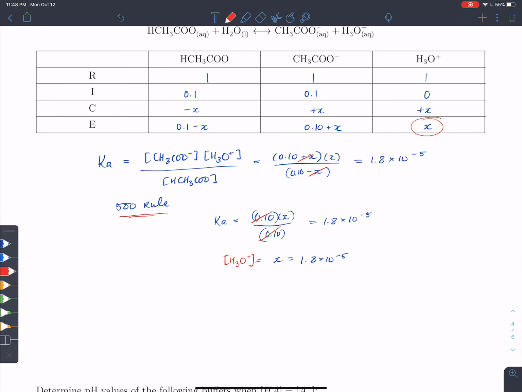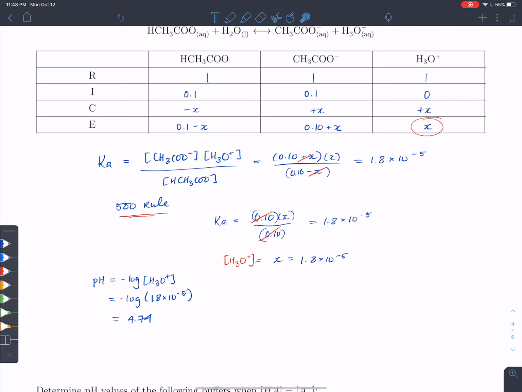And now if I want to find the pH, I can plug that in. And I get 4.74.